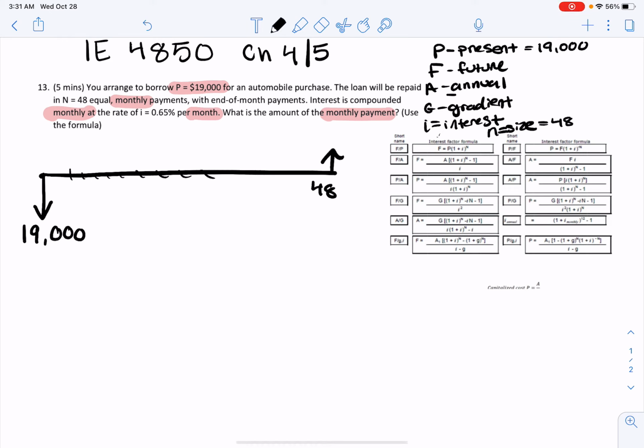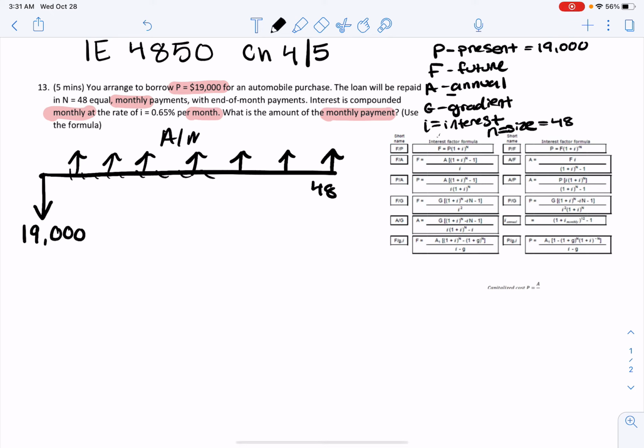So if it's a payment, I want to find our A. A means that these are equal costs. I'm going to be paying, or will be paid to me regardless, but for the size of our project, and in our case it's 48 months. Pretty simple.